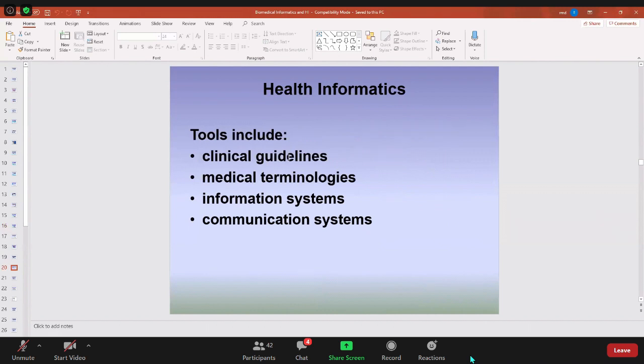Now the tools used in health informatics include not only the simulation or whatever you learn, the alignment and all those things, but also clinical guidelines, medical terminologies, information systems, communication systems.